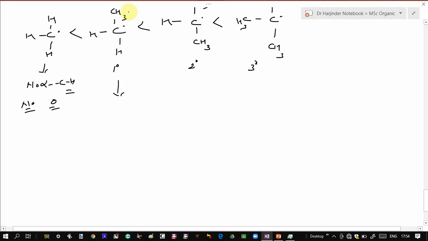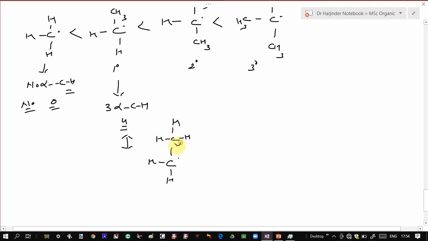While here you have 3 alpha carbon-hydrogen bonds, so you have a total of 4 hyperconjugative structures, one original and 3 others. I will draw one or two; the remaining you have to draw by yourself.